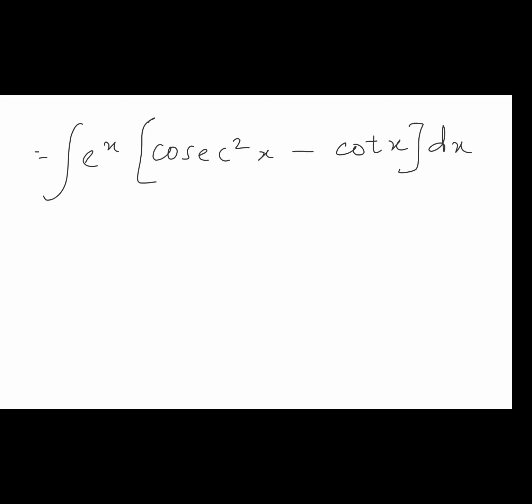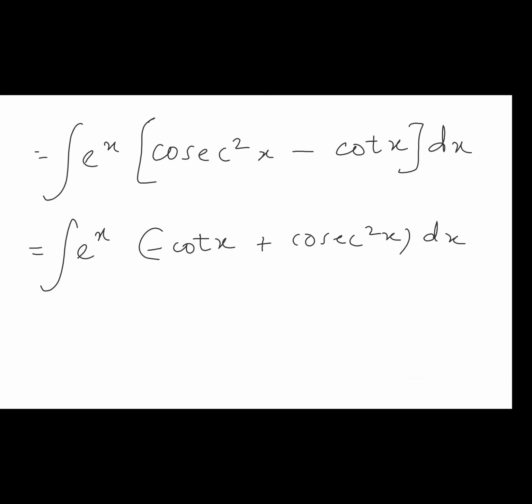We'll just reverse this. Minus cot x plus cosec square x dx. See, we know the derivative of cot is minus cosec square.